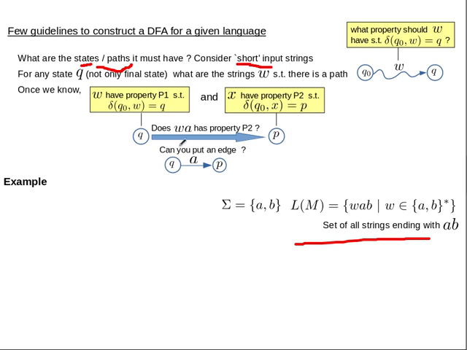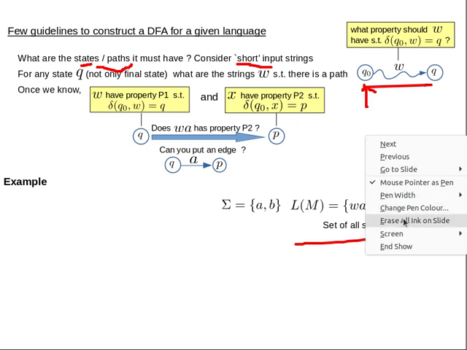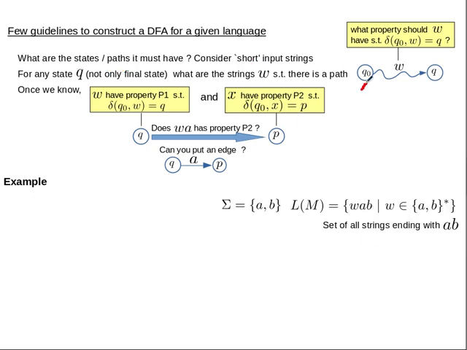And once you have some of these states, you should have a start state. So this is a start state, and this is some state that you think should be in your automaton.